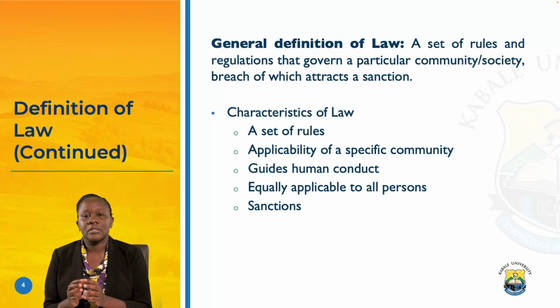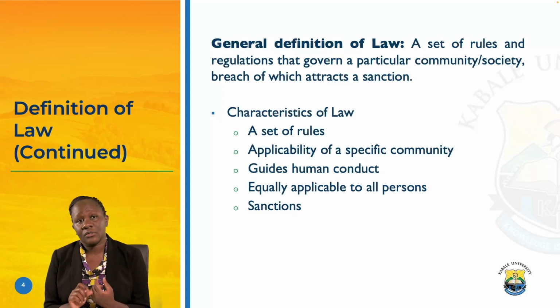What we see is that at the end of the day, law is a set of rules and regulations which govern a particular community, and breach of which will attract a sanction. And from this definition, we can see that some of the characteristics of law include that there is a set of rules, that it is applicable to a specific community, because there's no general law that governs the whole world. It should be specific to a community, or maybe a country and a state, or a specific group of people.